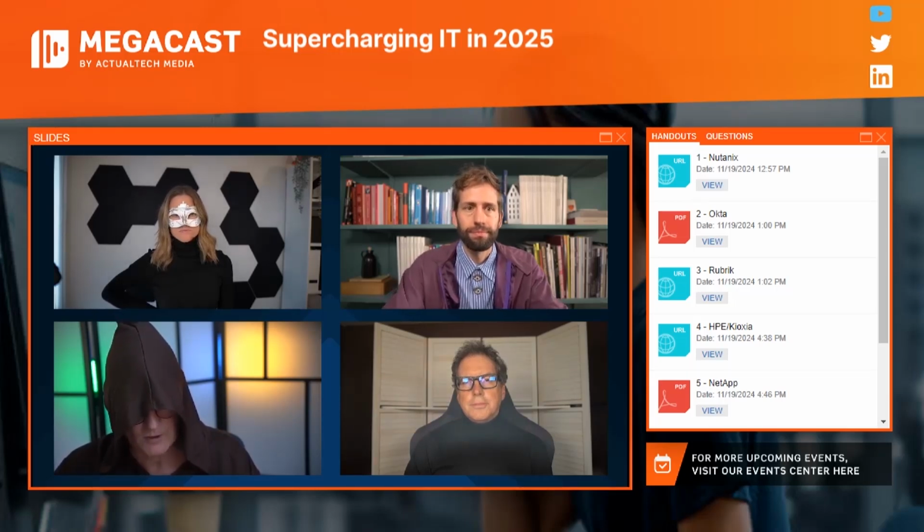Prediction 3. Our final prediction of my part in this, making cloud management more intelligent. AI-driven tools will optimize cloud resource usage, balancing cost and performance in real time. This is a huge deal as cloud costs can quickly spiral out of control.